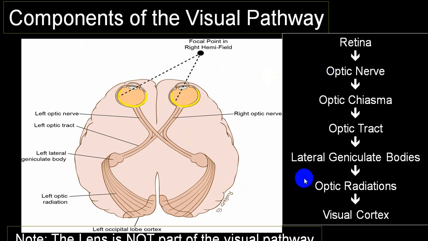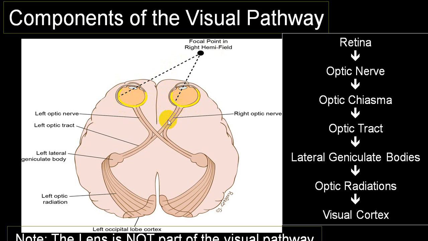You can see here this is the field. This will be the temporal retina. It will give the nasal field, and the nasal retina will have a temporal field of vision. So if there is one object on the right side, the left side temporal fiber will have the stimulus and the nasal fiber of the right eye will have the stimulus.